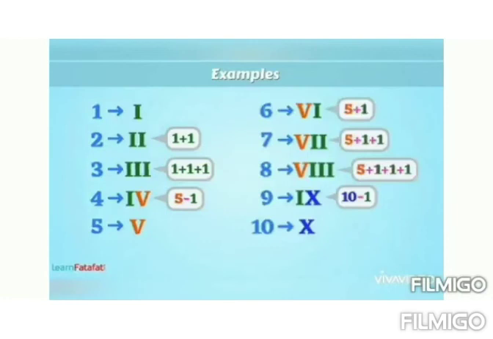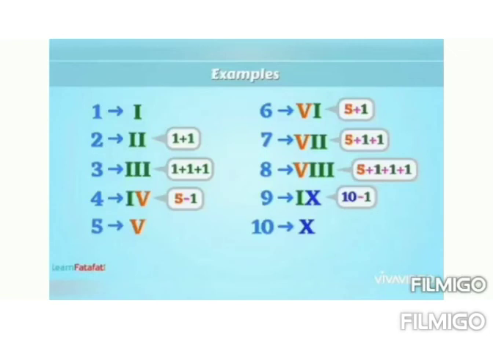For 5, we can use symbol V. Now for 6, we can add to the right by writing 5 plus 1 using rule number 3. For writing 7, we add 2 times I to the V, that is 5 plus 1 plus 1 equals 7.